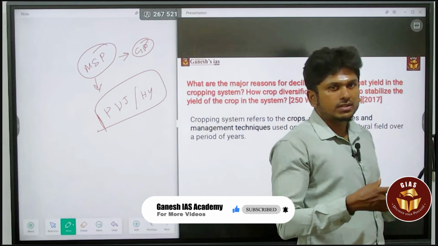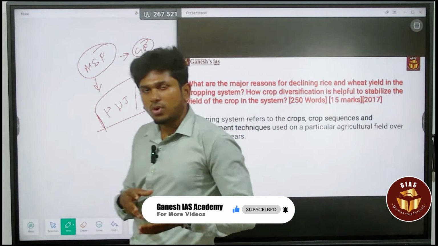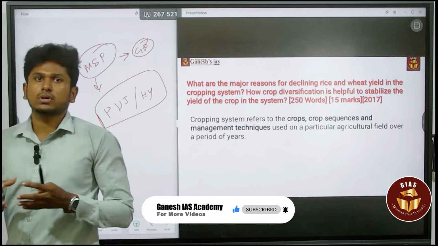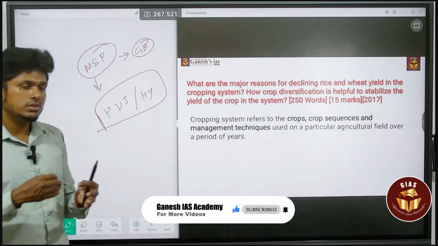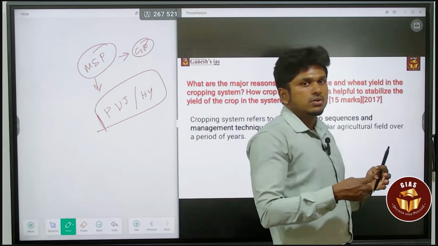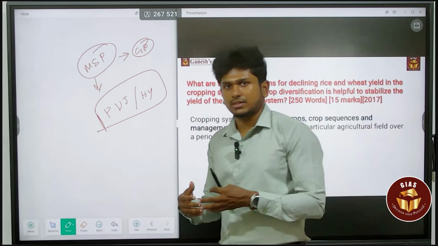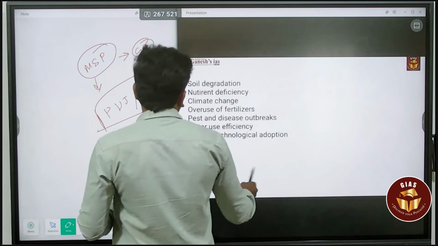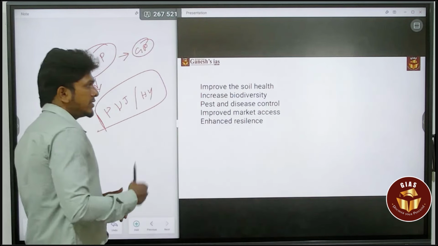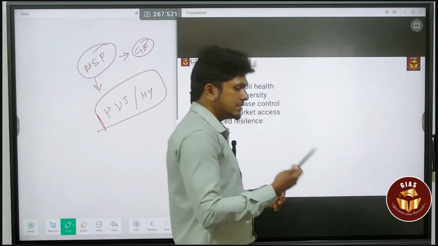That affects the soil nutrient cycle, and it also leads to the flow of nutrients out of your soil. So these are the major concerns of monocropping. We can overcome this issue by crop diversification. Crop diversification improves soil health, increases biodiversity, and controls pests and disease.